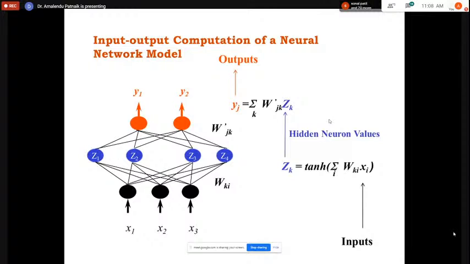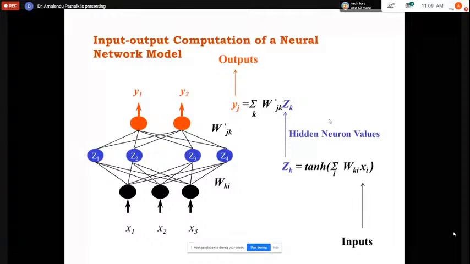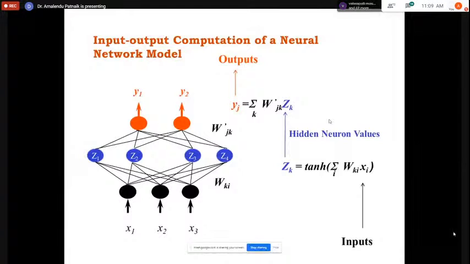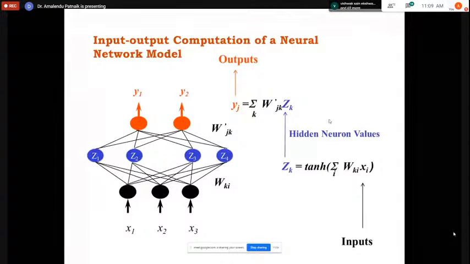So to avoid this scaling problem, for output neurons you take the linear transfer function, whereas for the hidden layers, better to take the sigmoidal transfer function, because most of these antenna problems are nonlinear in nature.